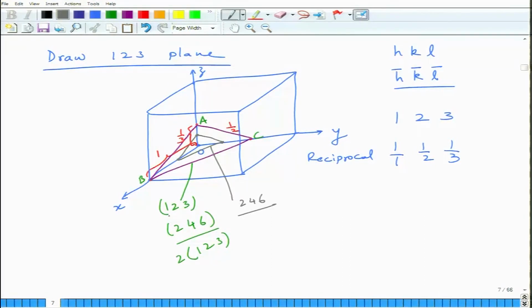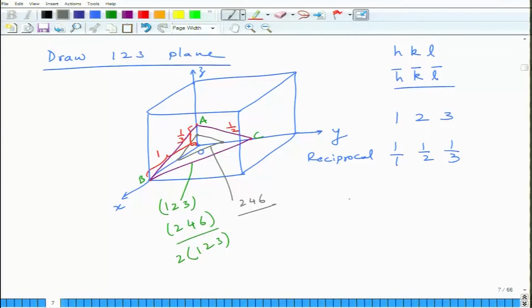So, it is nothing but parallel, but every successive 2 4 6 plane will be spaced closer as compared to every successive 1 2 3 plane. So, it is nothing but a family of planes or set of planes which are parallel to each other. So, this is about the positive indices.